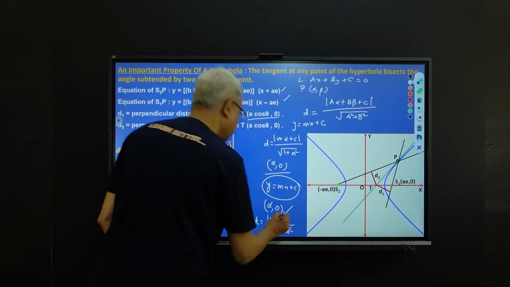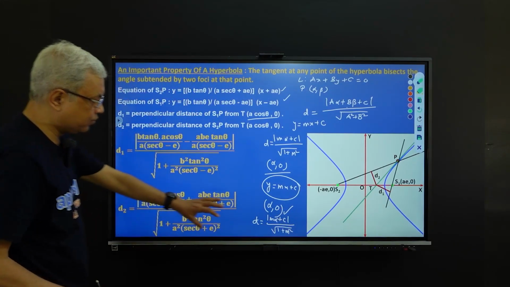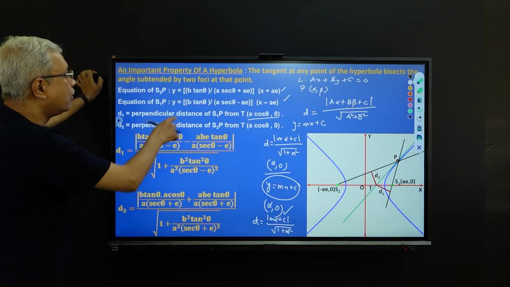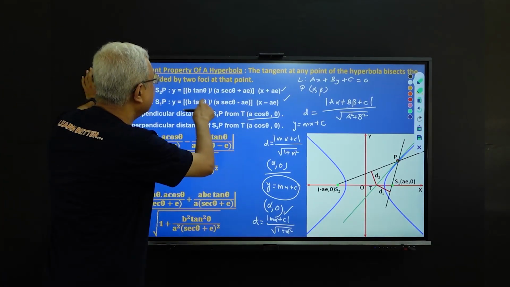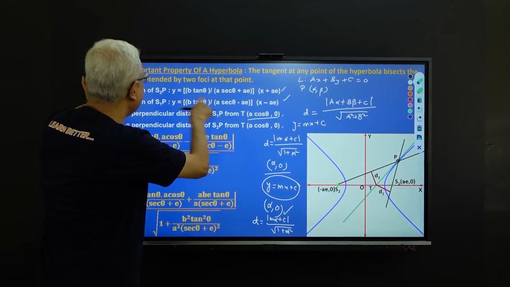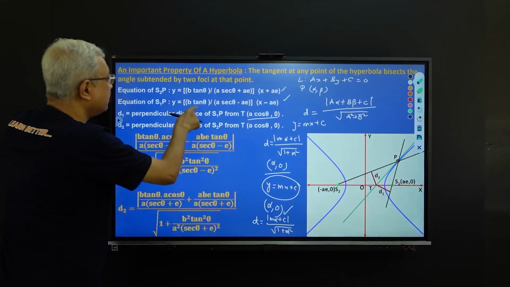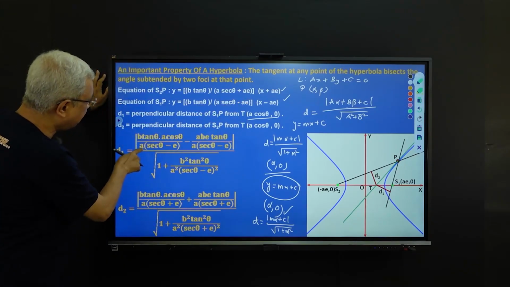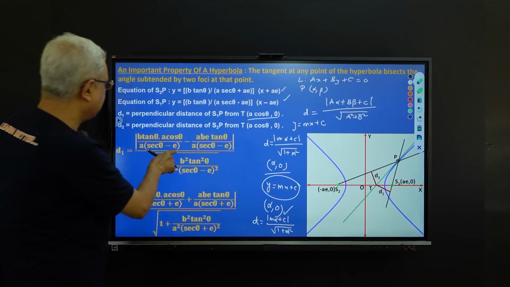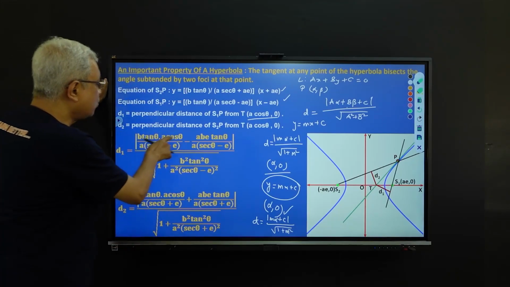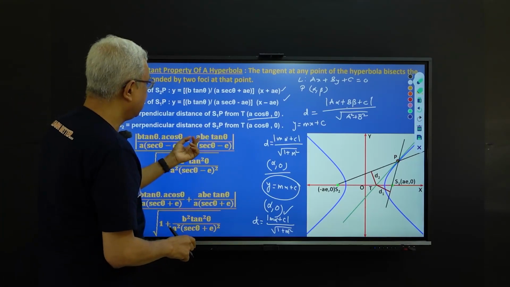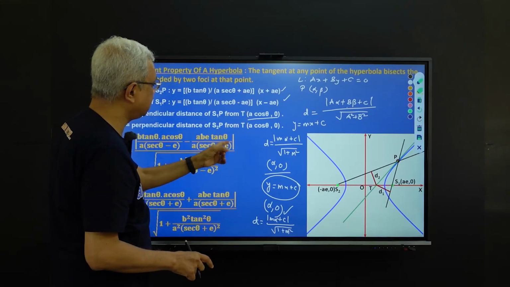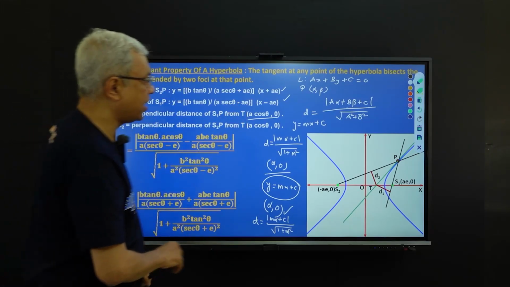That you all know. Using this concept, m is b tan theta by a sec theta minus a on the line S1P, so b tan theta by a sec theta minus a, into a cos theta, minus a b e tan theta by a sec theta minus e. I hope it is clear.